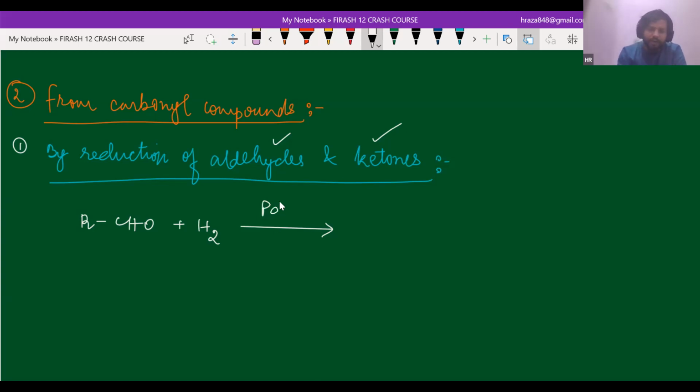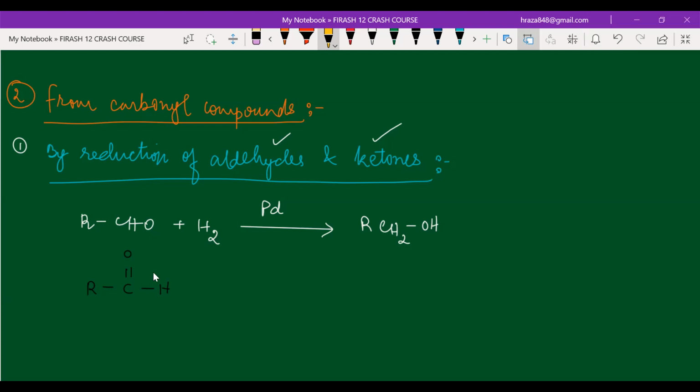This reaction occurs in the presence of palladium, and you will get directly RCH2OH. How did this reaction take place? It's very easy. Can I write RCHO like this? Yes or no? Can I write this? Firaz. Yeah. So reduction will take place.